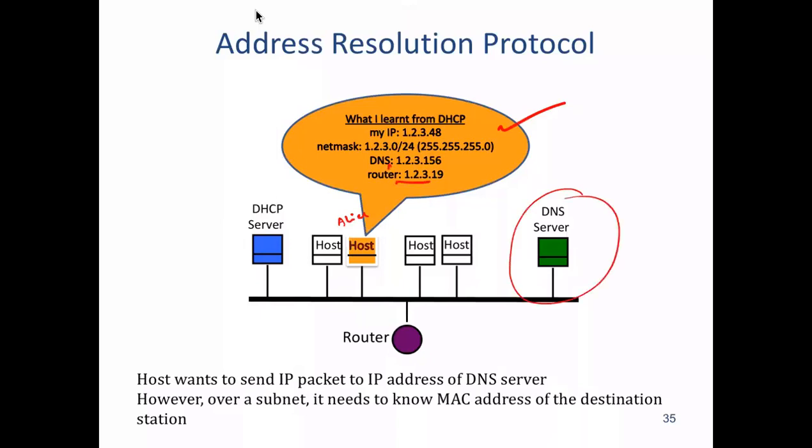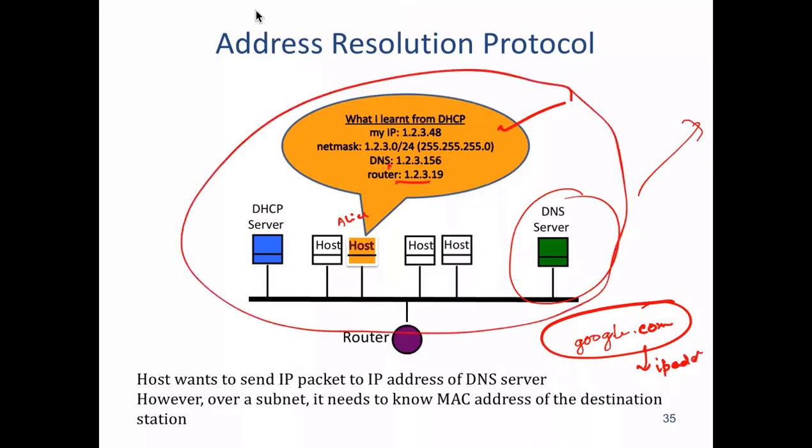Now from the domain name server, she wants to know the IP address of google.com. google.com exists somewhere outside this local area network, but she needs to know its IP address. But what she has got is the DNS server's IP address.